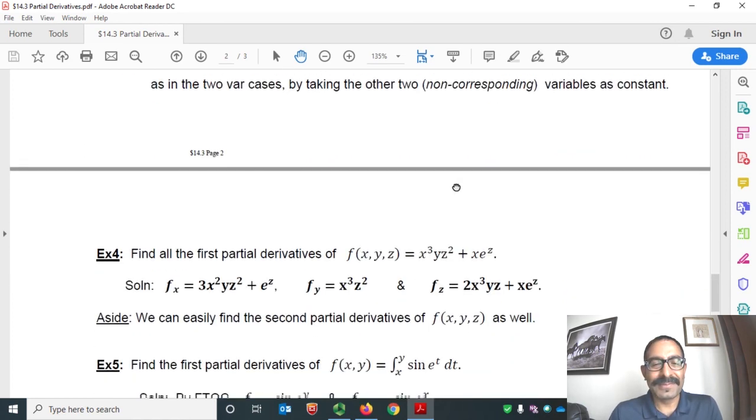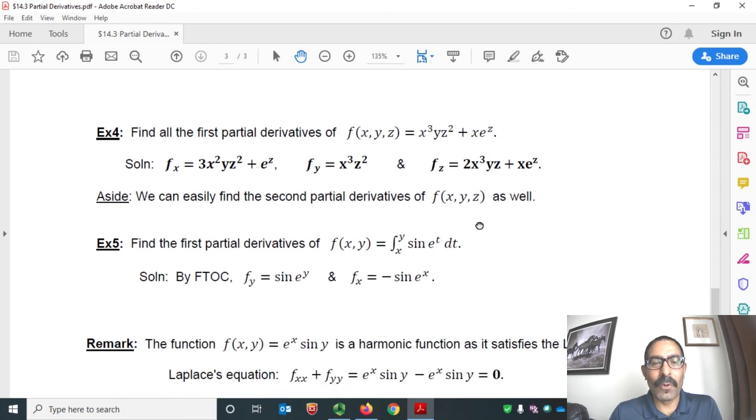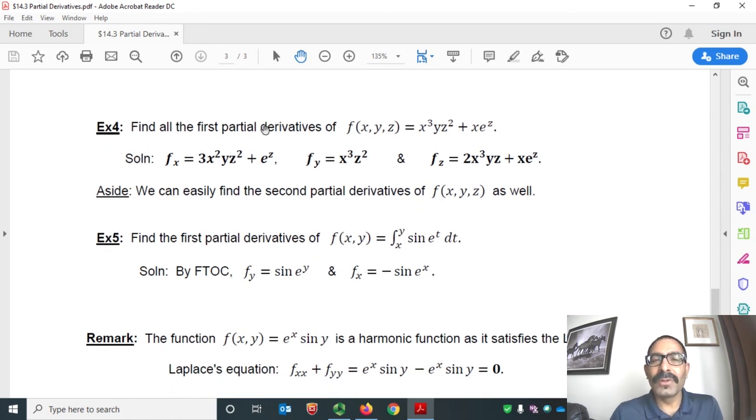Let's move on. Let's do example 4. Find all the first partial derivatives of the function of 3 variables f equals x cubed y z squared plus x e to the power z. Solution. Let's find the partial derivative of f with respect to x. Take y and z constant.